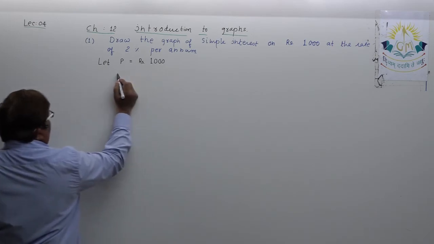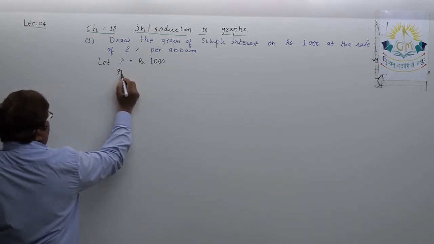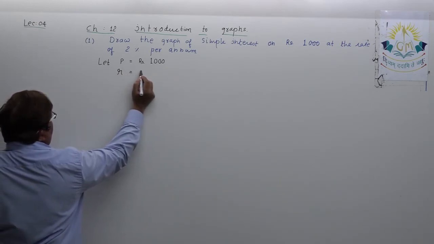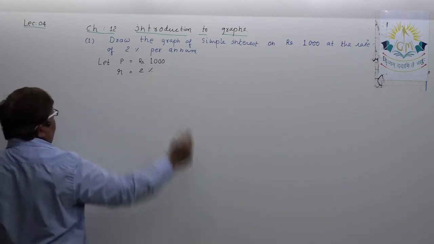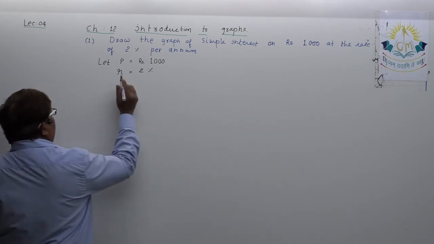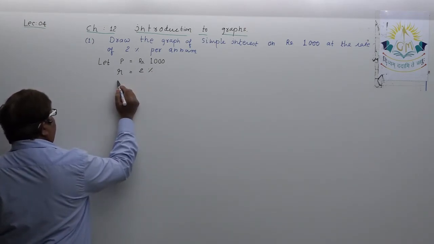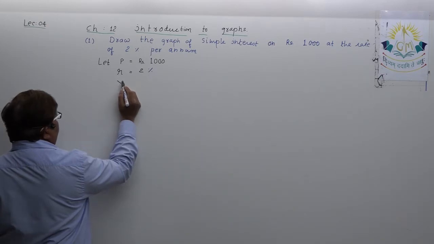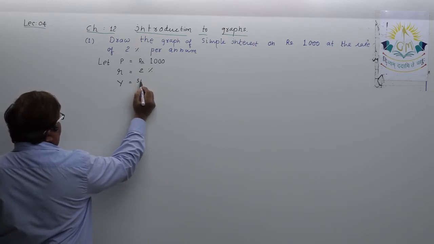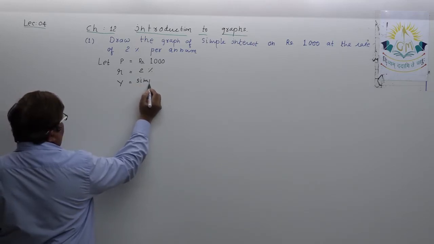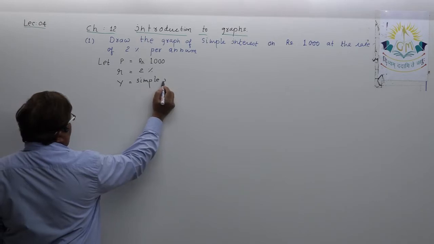What is the rate of interest given? 2 percent. Simple interest I am going to suppose as y. Y means simple interest.